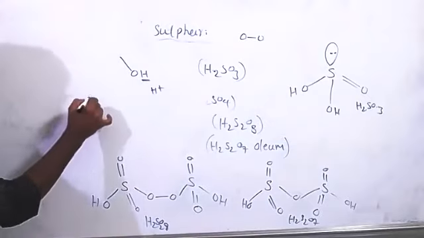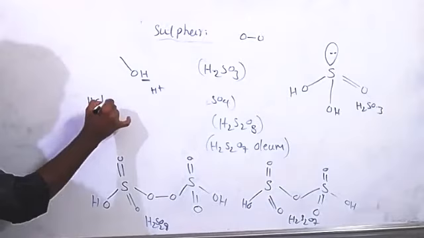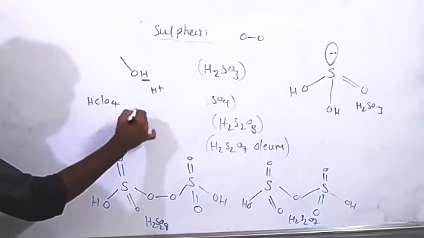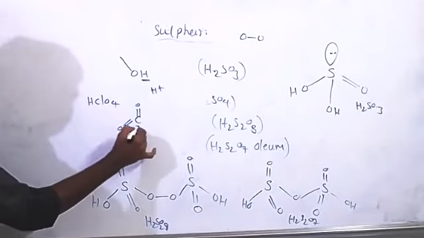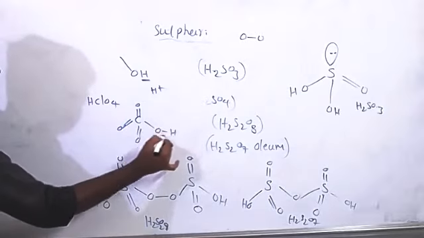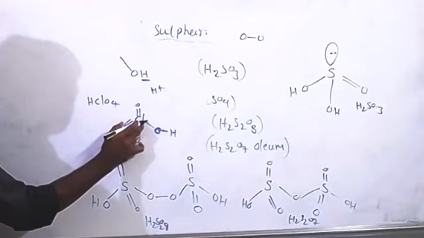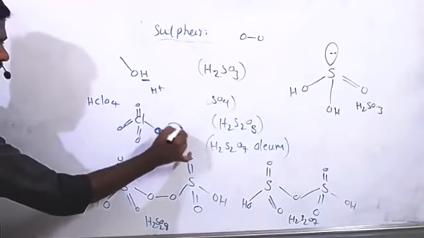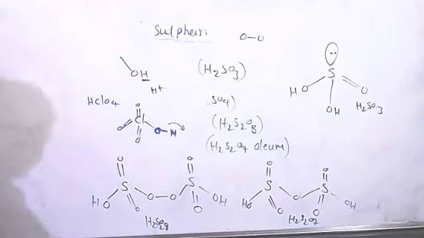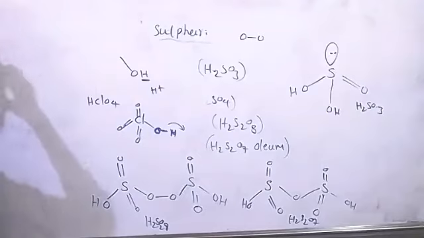Suppose HClO4, the oxo acid of chlorine: in its structure, the hydrogen is attached to oxygen, and the oxygen is attached to the central atom. This hydrogen alone is donated as H+ in any oxo acid.